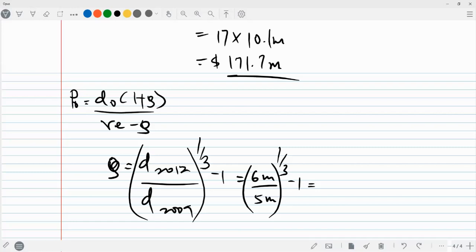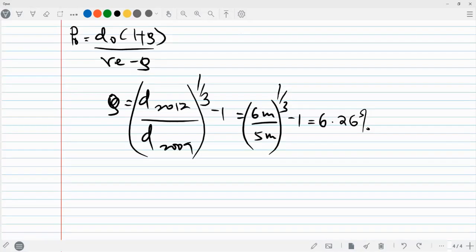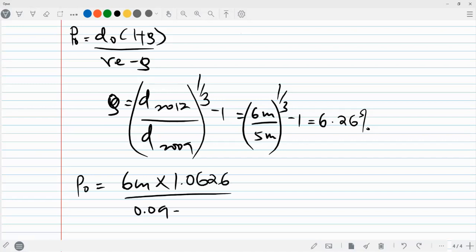6.26%. Yes, 6.26% growth in dividend over 3 years. Cost of equity has been given to us: 9%. Therefore, P naught is the dividend in 2012, which is 6 million, with growth of 6.26% and cost of equity of 9% minus the growth, 0.0626.